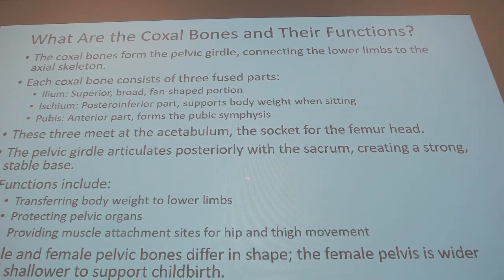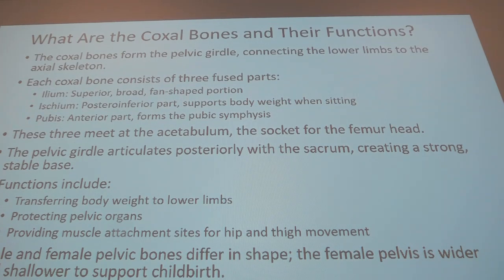And then in this area, we have a lot of rough surfaces that help with insertion of muscles of the pelvic area, which help us maintain, for instance, a standing position, like the gluteal muscles, and also help in laterally and medially rotating the thigh.